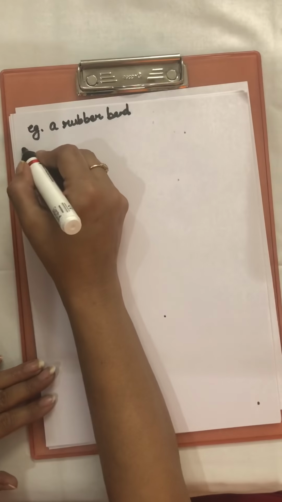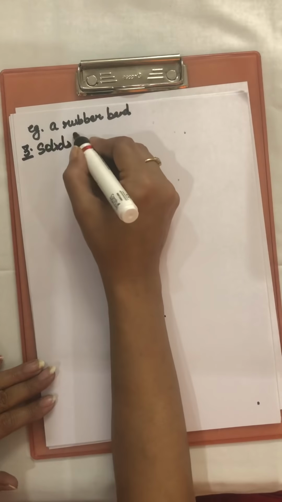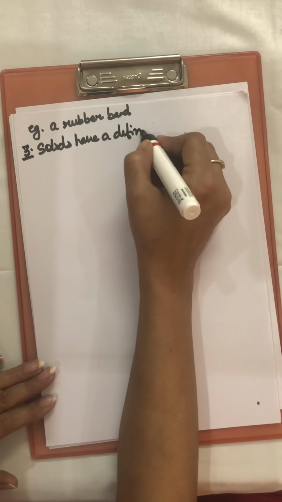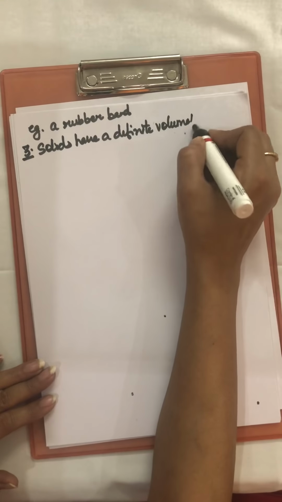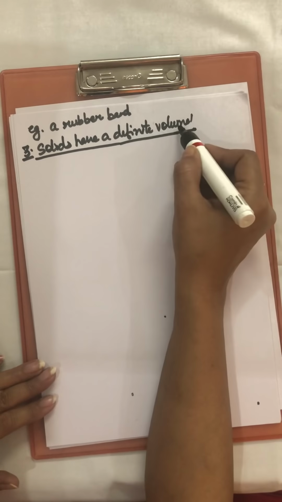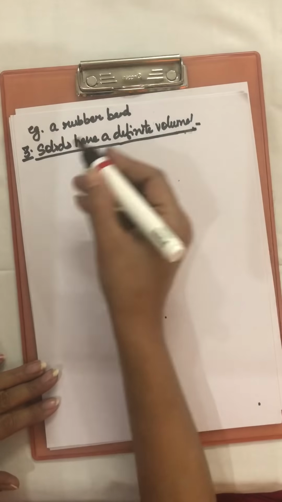Third characteristic of solids. Solids have a definite volume. Volume means space. They have a definite space. That means they occupy a fixed space.